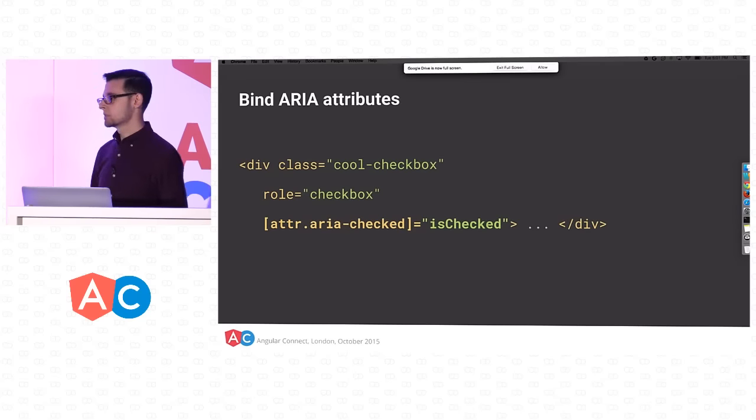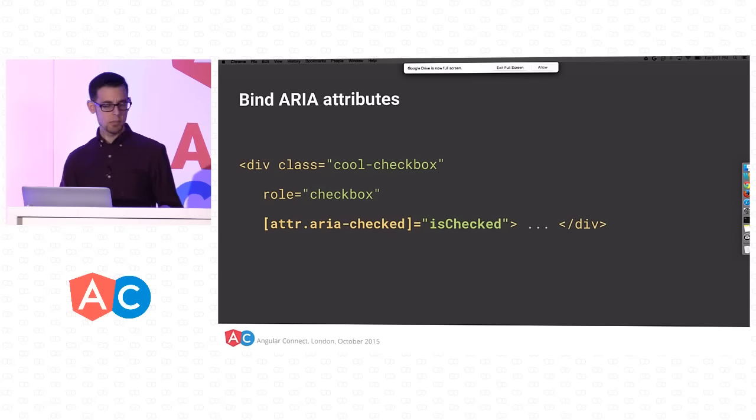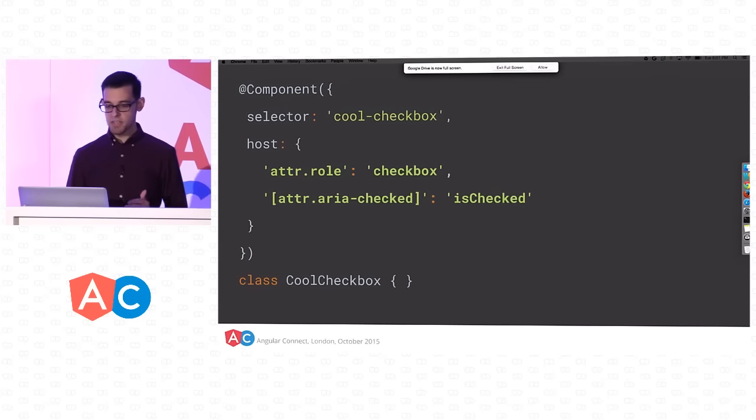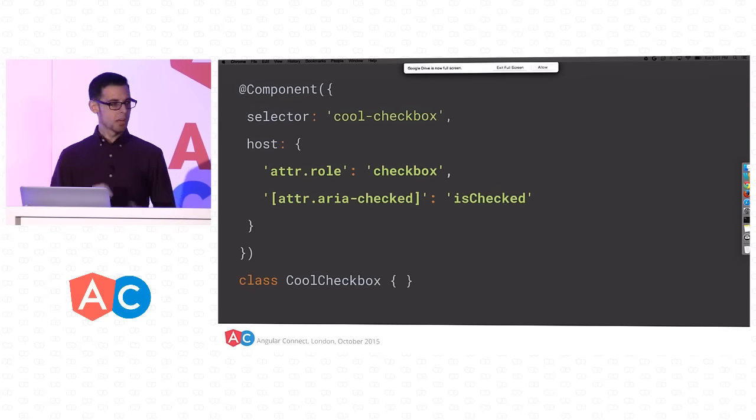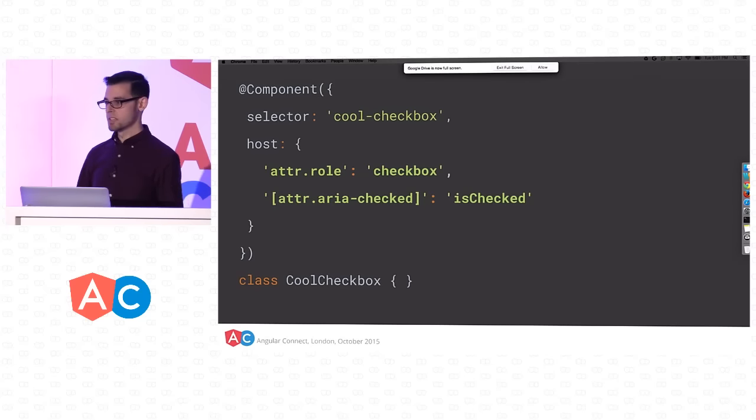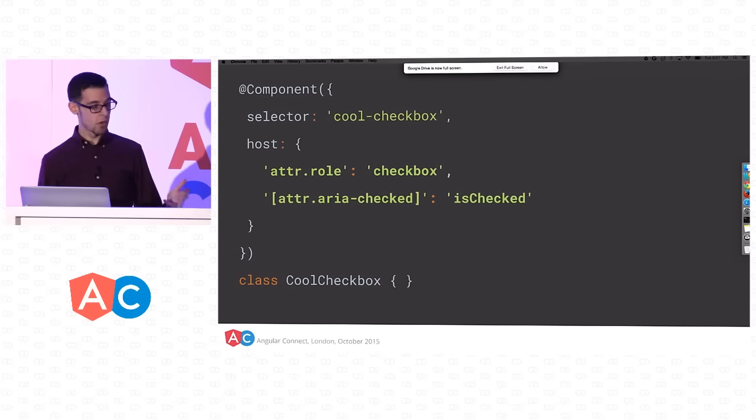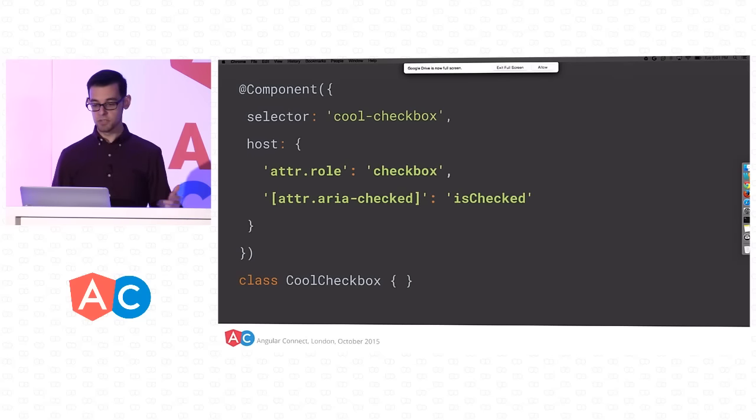So this illustrates how you can do ARIA binding in your template, but it's not really how we would build a custom checkbox component, is it? For that, we would want to make a component. So let's look at that. Here we have a checkbox component, and we want to set the appropriate role and ARIA check state on the element that represents the whole thing, the host element. We can do this by using the host property in the component configuration, which supports the same syntax as the template we just saw.